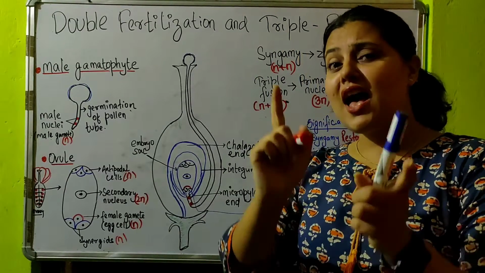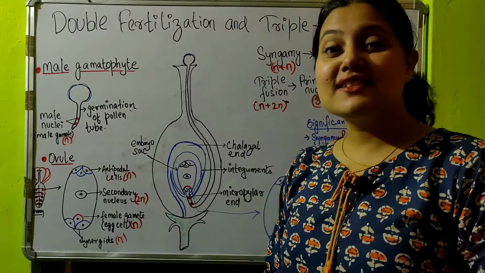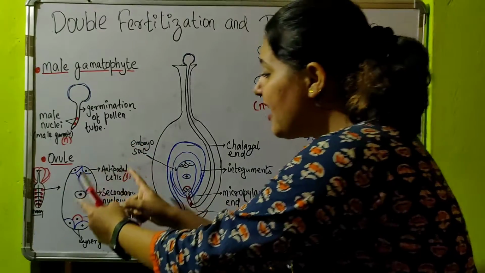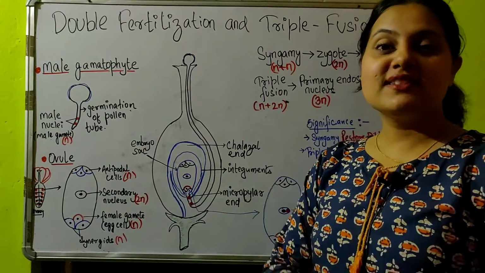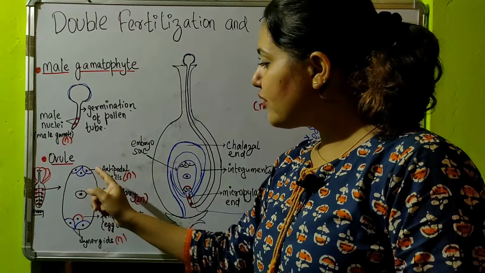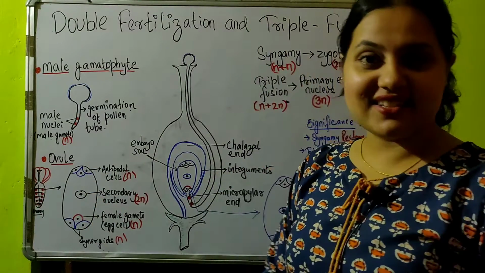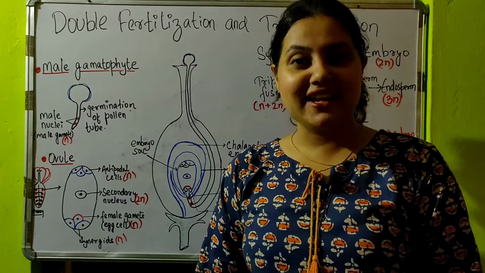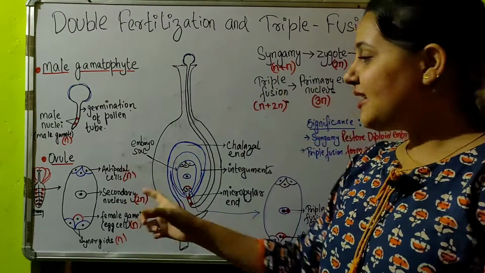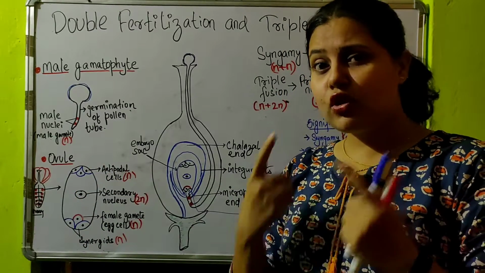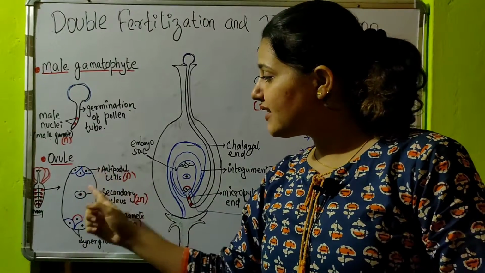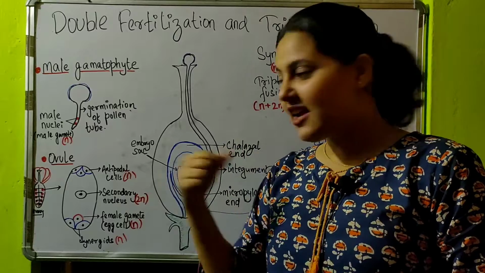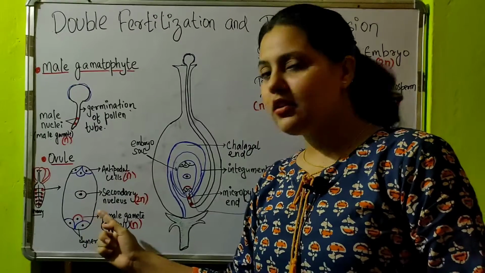Now if someone asks you how many cells are there inside an embryo sac, you will tell 1, 2, 3, 4, 5, 6, 7 cells, isn't it? Now if someone asks you how many nuclei are there inside the embryo sac, what will you reply? 1, 2, 3, this is having 2, isn't it? 4, 5, 6, 7 and 8.